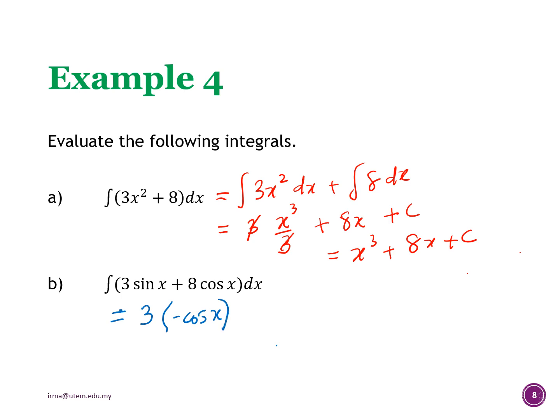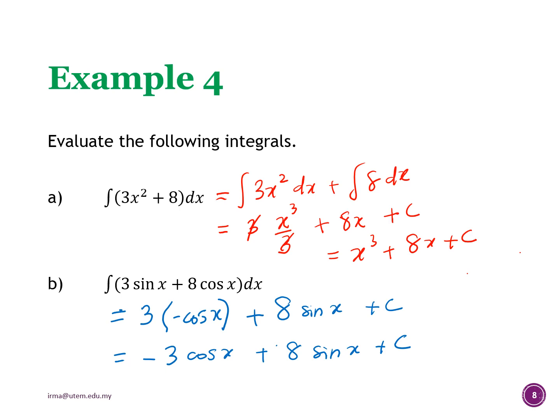And integrate 8 cos x, you will get 8 sin x, and then plus c. So I just put the negative in front, so I have negative 3 cos x plus 8 sin x plus c.